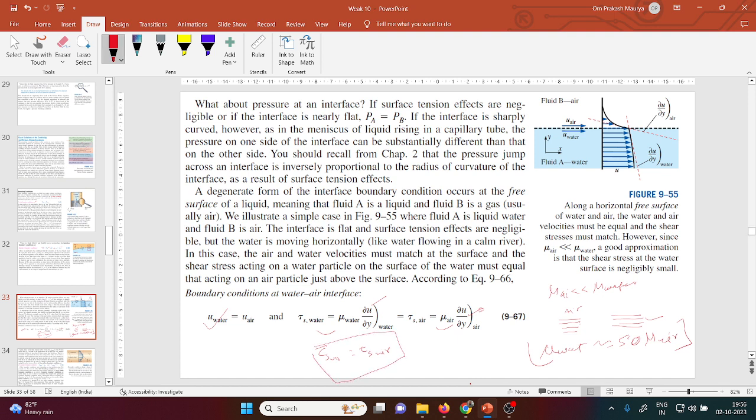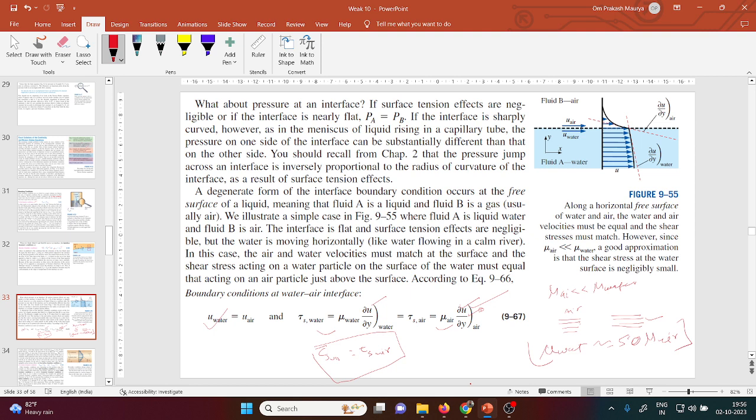So it means that in case of air there is very much deformation as compared to water. So the conclusion is that water will try to move the surface, so the air touching the surface of the water layer will try to move along the flow direction, because in the case of air there is very much deformation as compared to water.